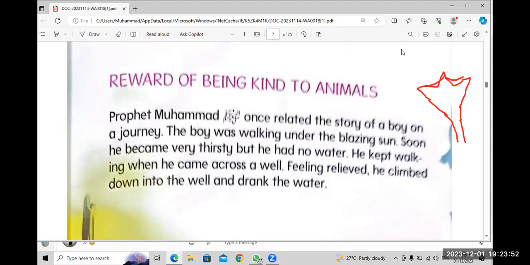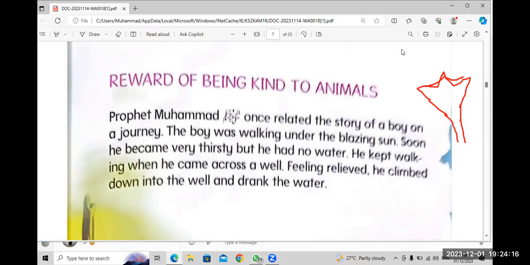Why we should be kind towards animals? Because animals cannot speak. They cannot tell us about their feelings. They cannot tell us about their pain. They cannot explain us anything. And even they cannot tell us about their hunger, that they are hungry. They cannot explain us that they are thirsty.